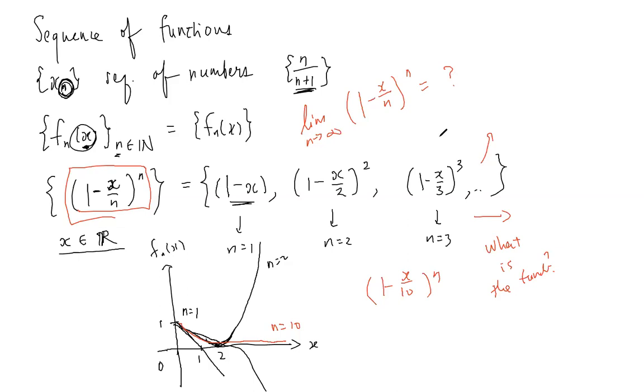Okay, so this gives us example 3.6.1, where I give you a result there. The result is that we know this is equal to e to the power of minus x.